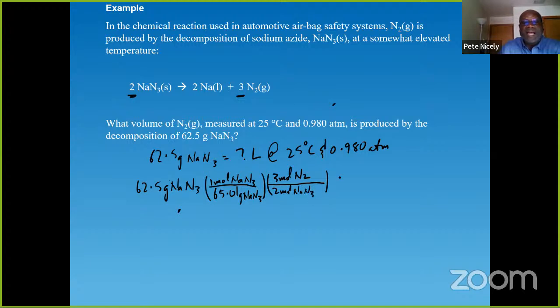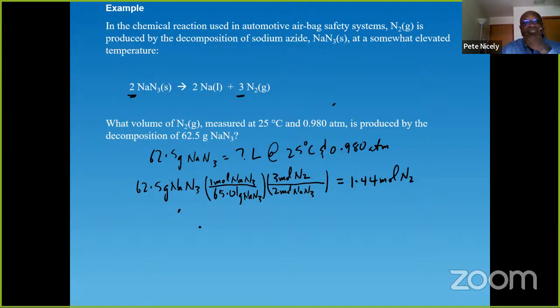And we work that out to get the moles of nitrogen. So 62.5 divided by 65.01 times 3 divided by 2. According to my calculations, this works out to be equal to 1.44 moles of nitrogen. All right.